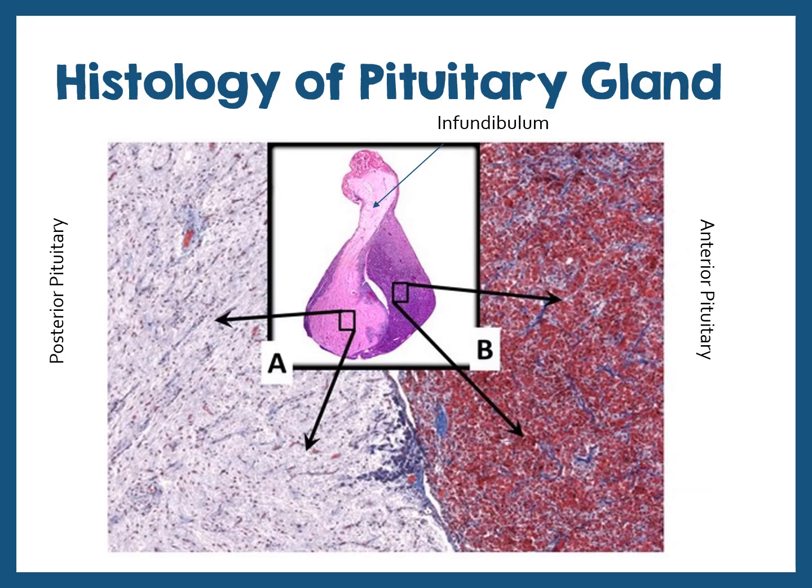When we are in class, we are going to look at the pituitary gland underneath the microscope and view some of the histology. So if you look at this image here, we can see the infundibulum. And that infundibulum, the tissue almost looks like it's continuous with that posterior pituitary. So if we were to zoom in at a higher magnification, what we're going to notice are unmyelinated nerves and nervous tissue versus the anterior pituitary.